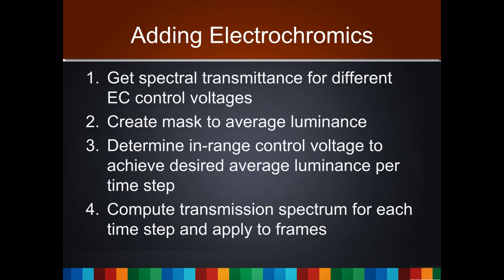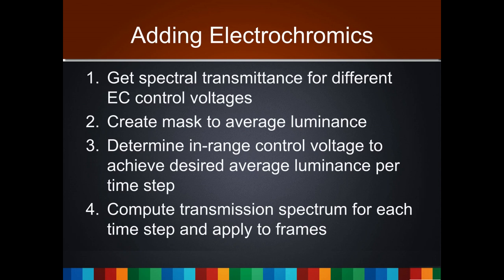So if we wanted to add electrochromics to this result, we'd get the spectral transmittance for different EC control voltages, which I did from Andy and Halio's EC system. We need to set it to something, so I don't have a virtual illuminance probe or sensor in there to tell me how to set the EC, so I just used an average of wall values.